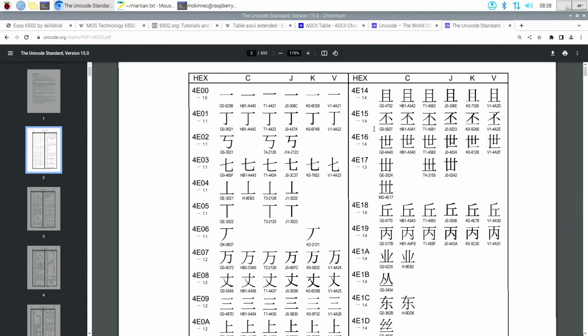The top left one? Okay, so there's the symbol for 1. Great. What about one of these down here? 4E07. This one? Okay. So feng, which means to place. And I can't tell the difference between this one and this one. I'm not sure if there is a difference.